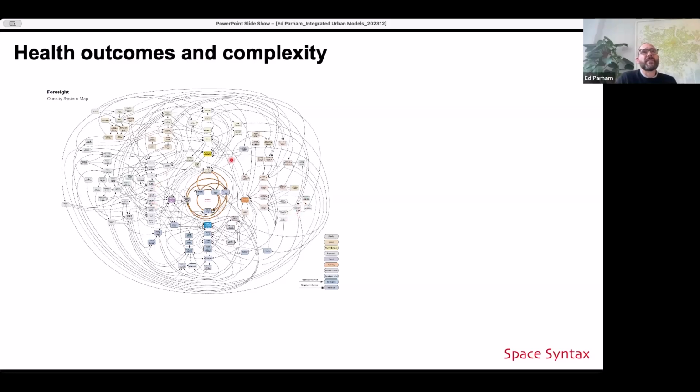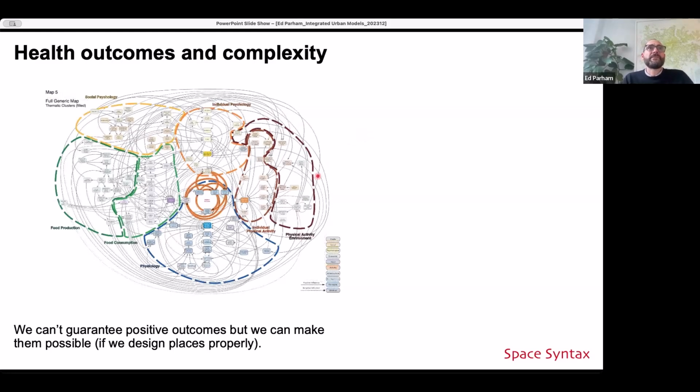And there are loads and loads of different things in here. Some of the stuff in here depends on people's income. It depends on whether they've inherited conditions from their parents. There are lots and lots of different factors. And a lot of those factors, if you're a planner or a designer, you can't control them. So what we have to be really careful with as designers is not to say, oh yeah, we can design this thing perfectly and it will completely remove obesity, because it can't do that.